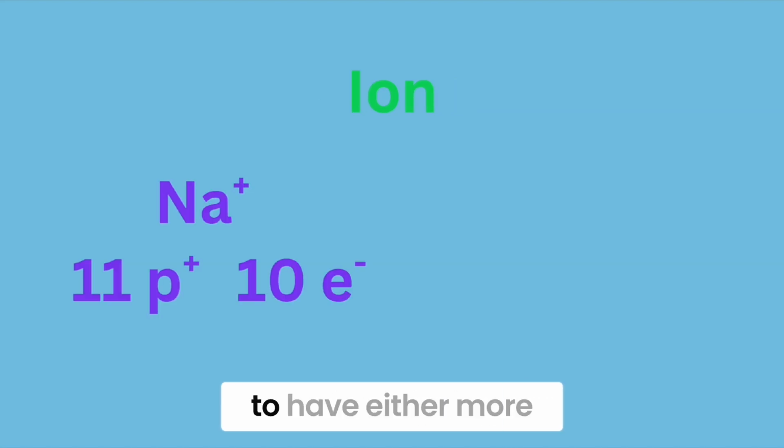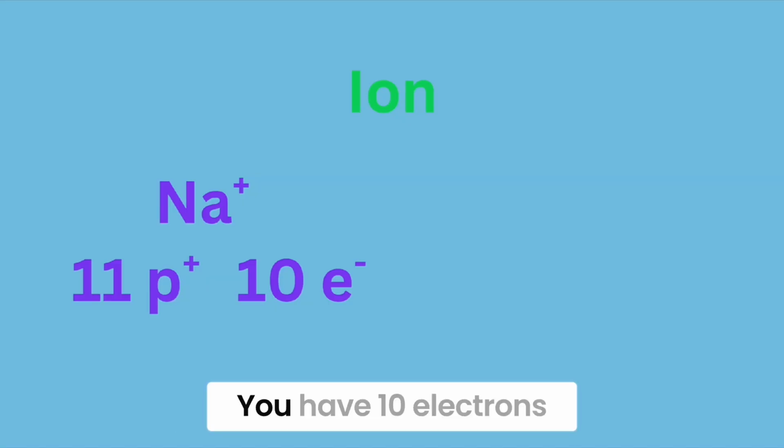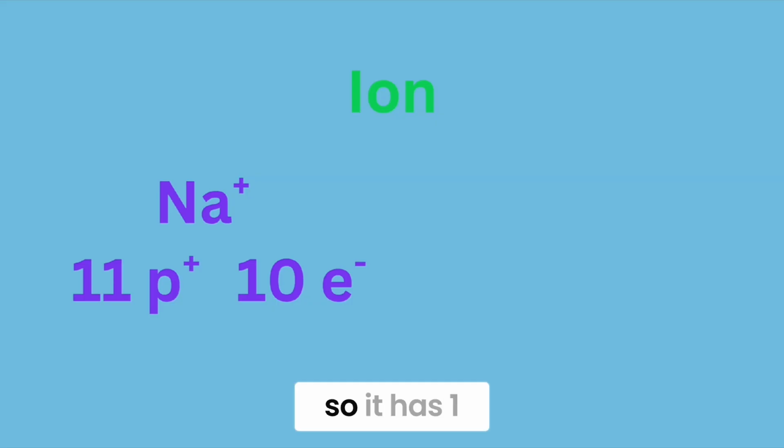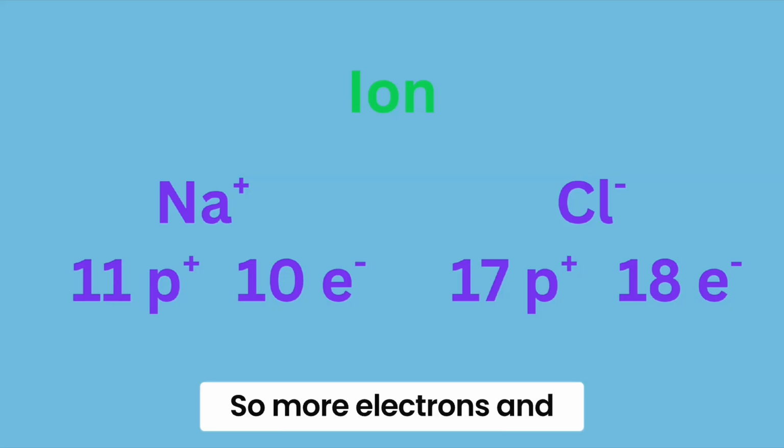An ion is going to have either more protons or more electrons. With sodium here, you have 10 electrons, so it has one more proton, making it a cation, and chlorine has 18 electrons, so more electrons, and fewer protons, that makes it an anion.